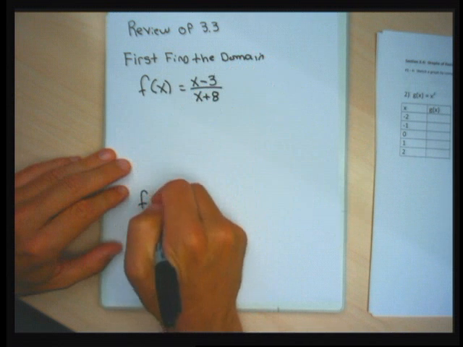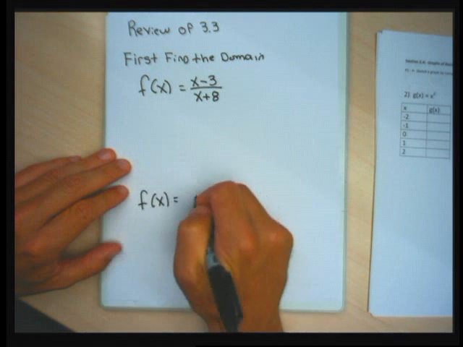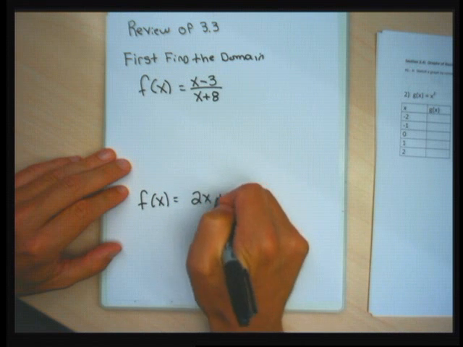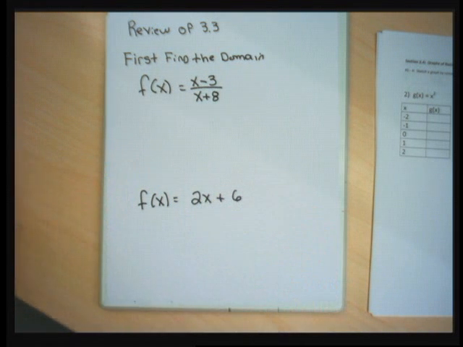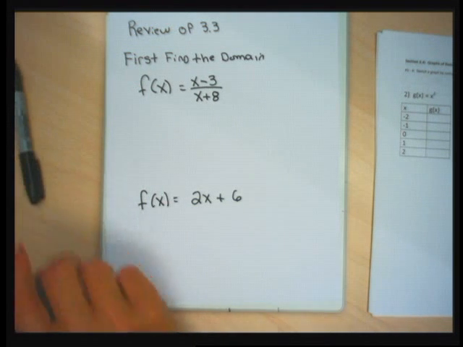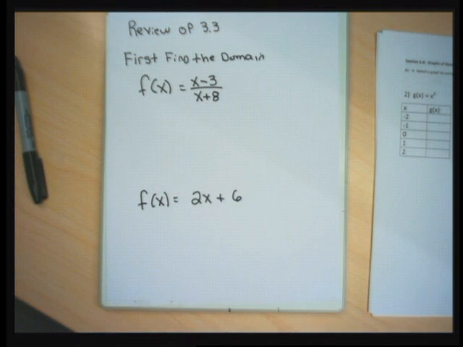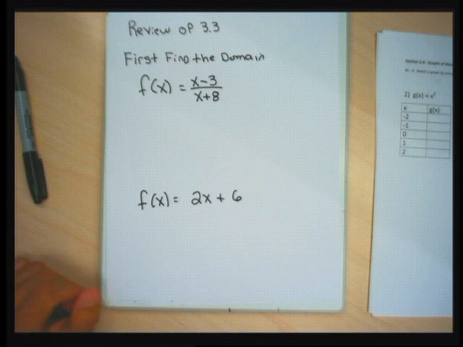And then I'll also separately give you a function that's a polynomial and ask you to find its domain. So these are two separate problems. It would be nice if you could do each of these. Pause the video, do the problem, write your answer, then start the video up and check yourself. But if you're not ready for that, just watch me do this.